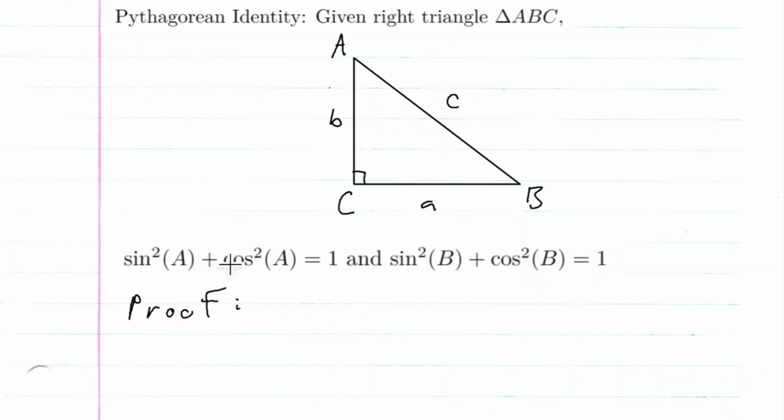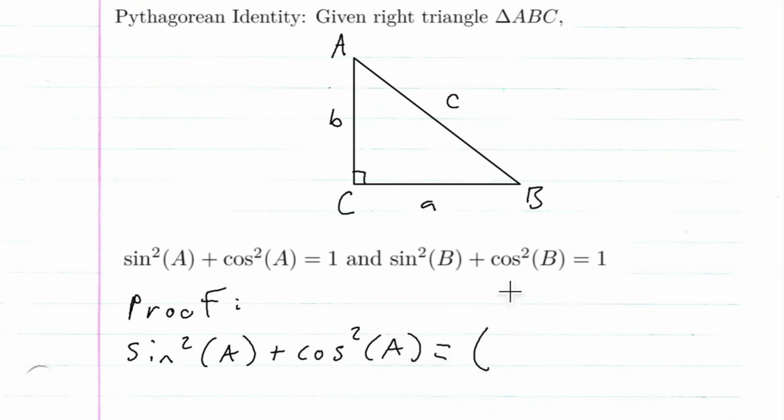Okay, so let's start with sine squared A plus cosine squared A. Remember, sine is opposite over hypotenuse, so this is the same thing as (A over C) squared plus cosine, which is adjacent over hypotenuse, so this will be (B over C) squared, right?